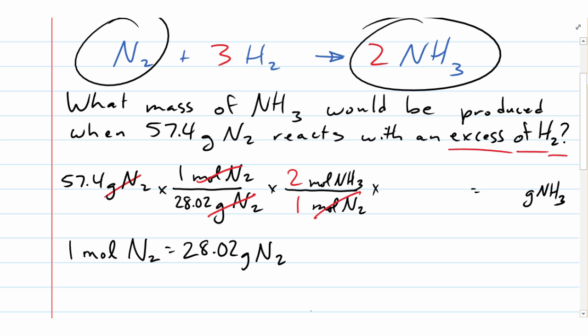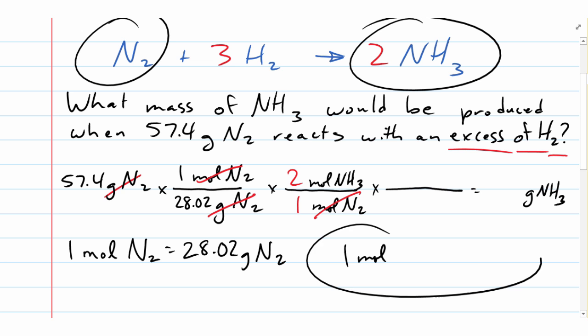Now we have moles of NH3, and we're trying to get over to grams of NH3. To convert from moles to grams, not Avogadro's number, we need the molar mass. And the molar mass is always the grams contained in 1 mole.